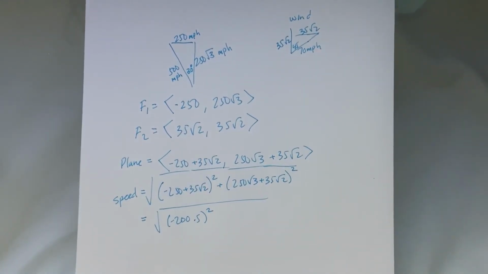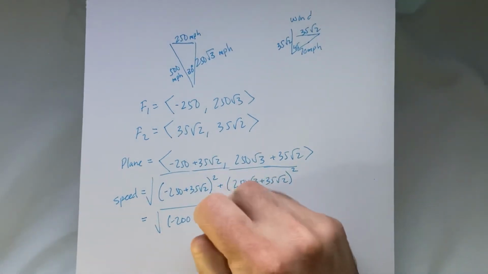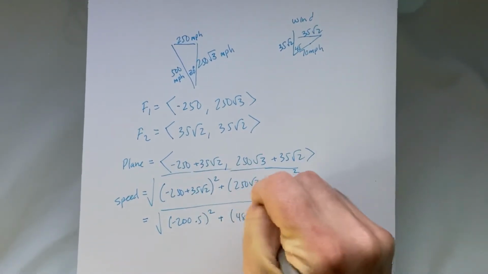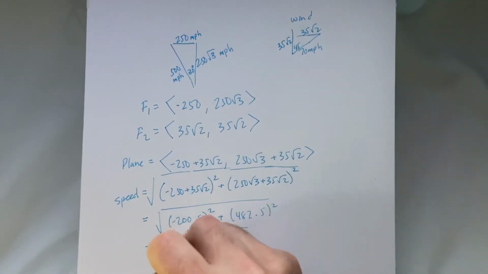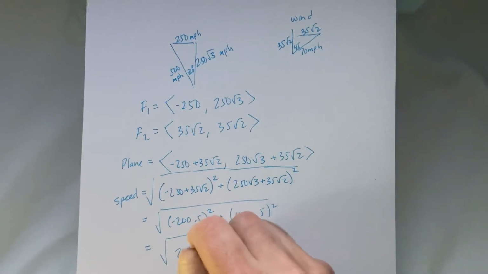Now let's do 250 square root of 3 plus 35 square roots of 2, which is roughly 482.5, squared. You can square both of those. This is the square root of 263,456.5.